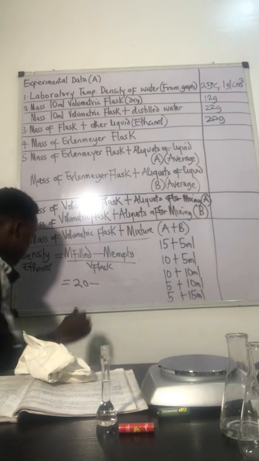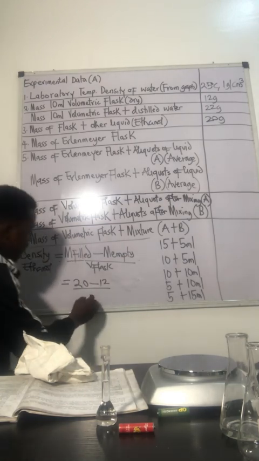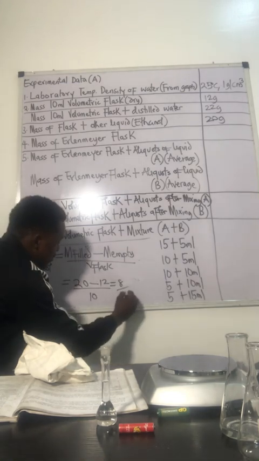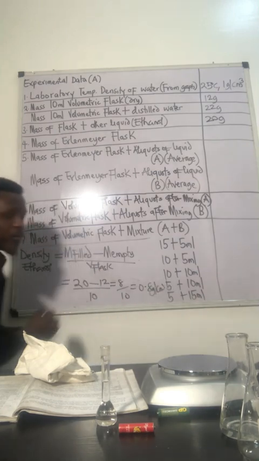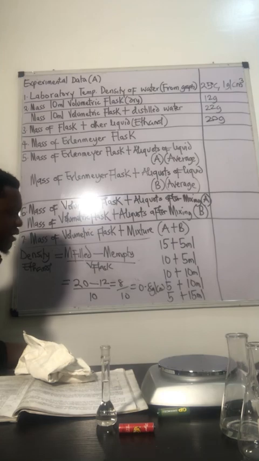This one is when it is empty. So this is 20 minus 12. The volume of the flask is 10. So this is 8 over 10, which is 0.8 gram per centimeter cube. So the density of ethanol is 0.8 grams per centimeter cube.